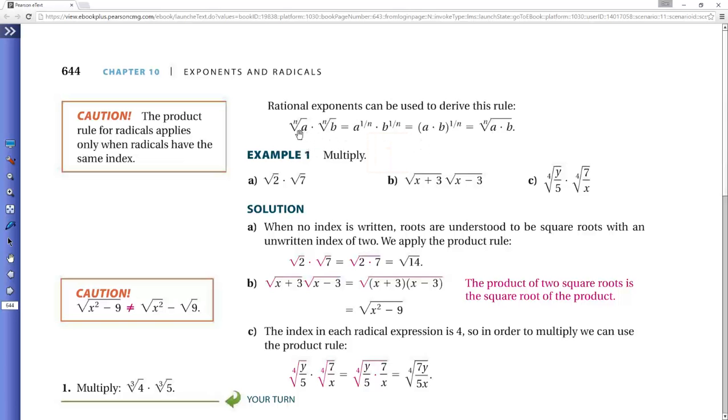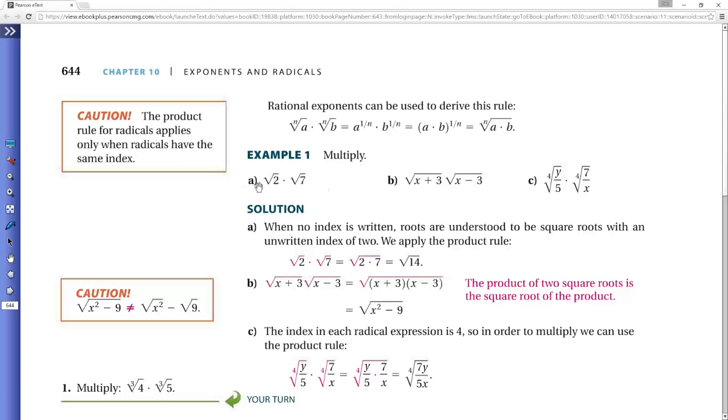If they mix the radicals with different indexes, we're probably not very familiar with seeing that very often. We have to be careful not to make this mistake right here. The other caution here too is that when you get the square root of x squared minus 9, we can't break that out and do that. That only works with multiplication, and later on we'll talk about division too.